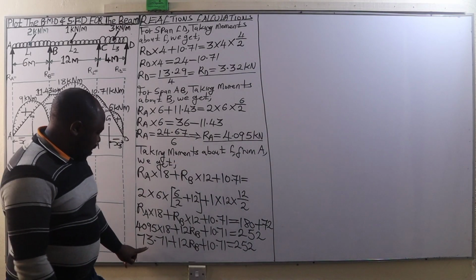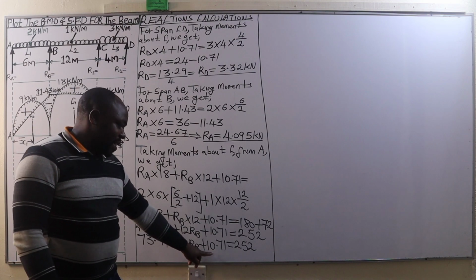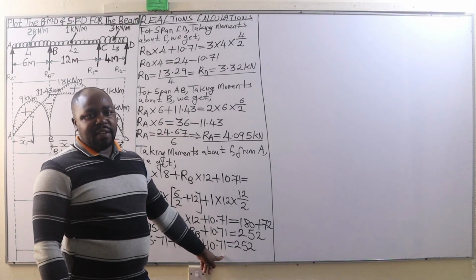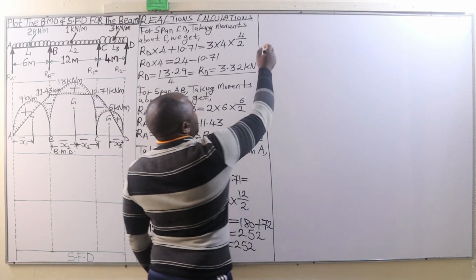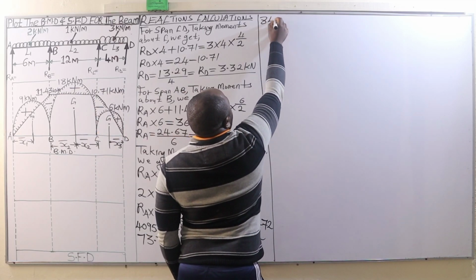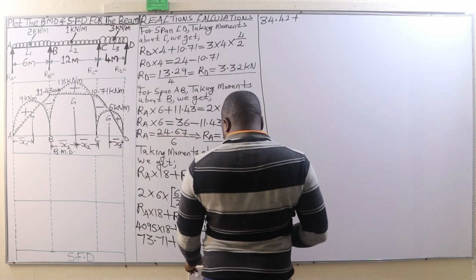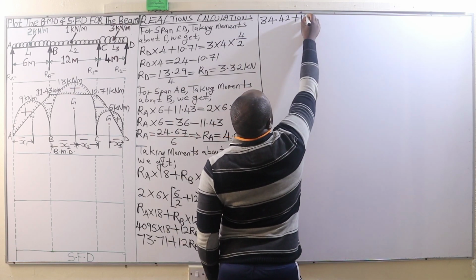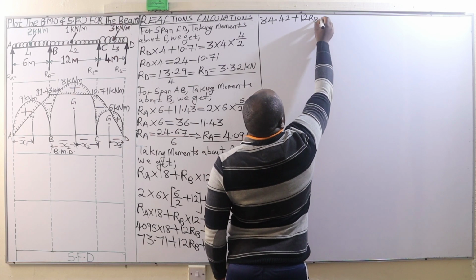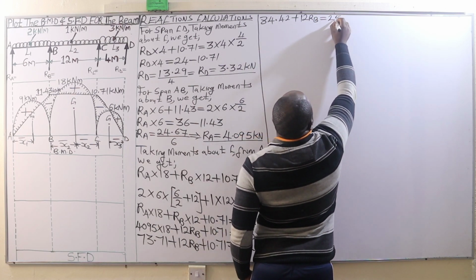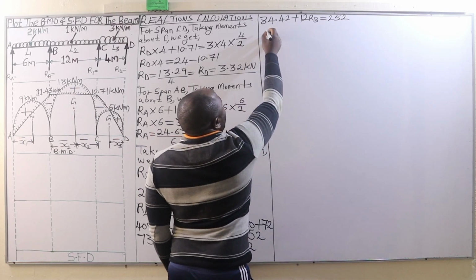So 73.71 plus 10.71 is 84.42. So we have 84.42 plus 12 RB equal to 252.